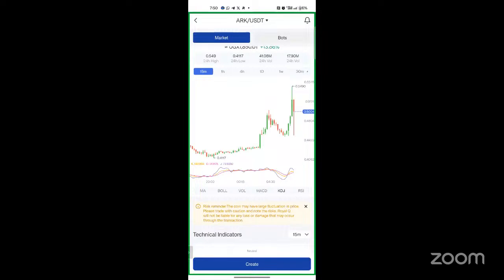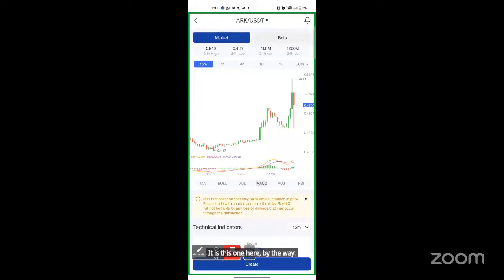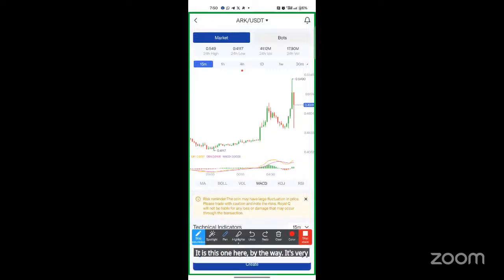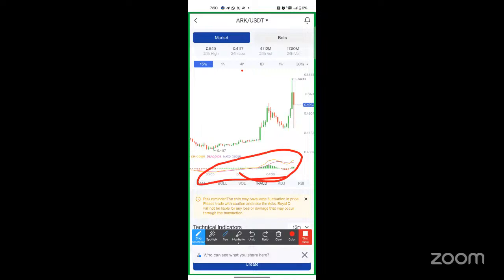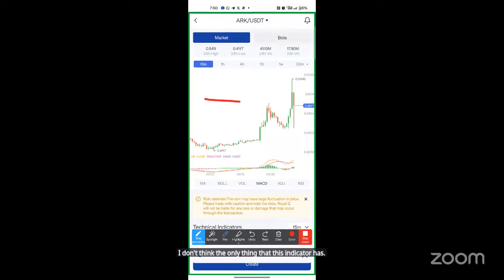This indicator is very easy because it has these two lines, and these two lines are not the only things that this indicator has. This indicator has a zero line that separates the green bars or the green histograms that you see here.